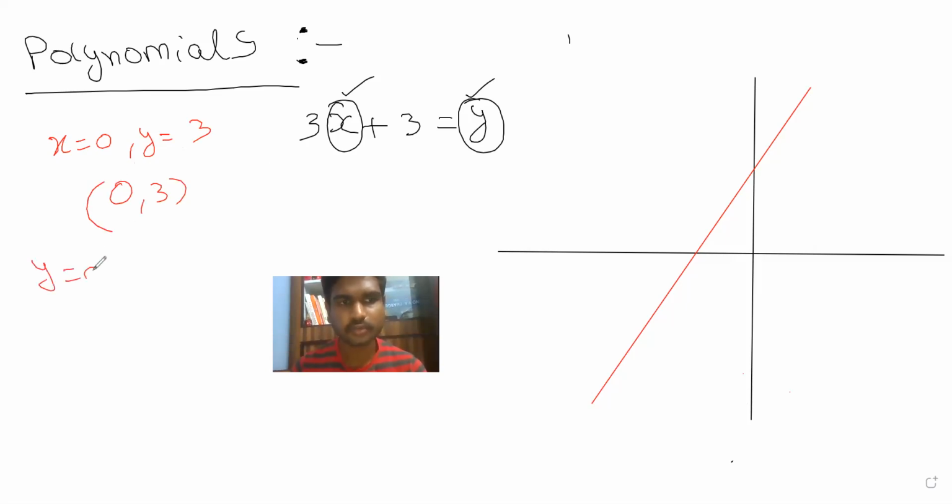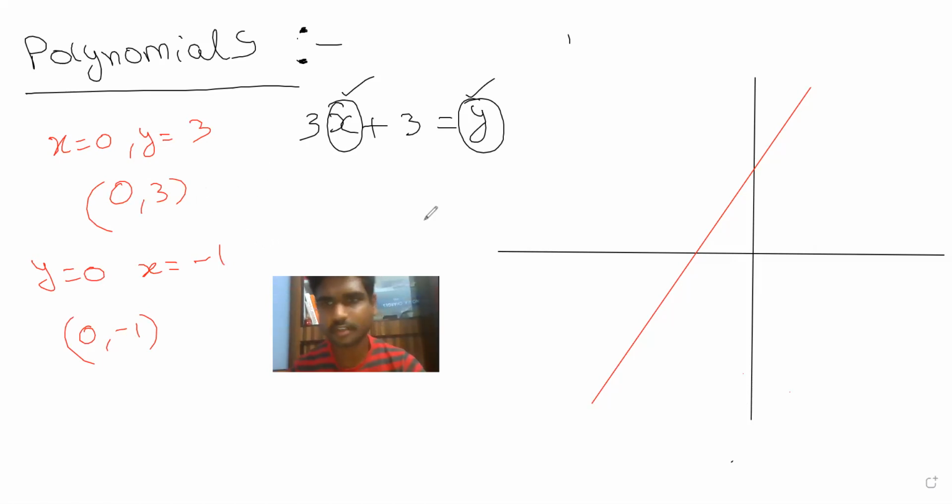When y equals 0, what is the value of x? Minus 1. So the point is (minus 1, 0).